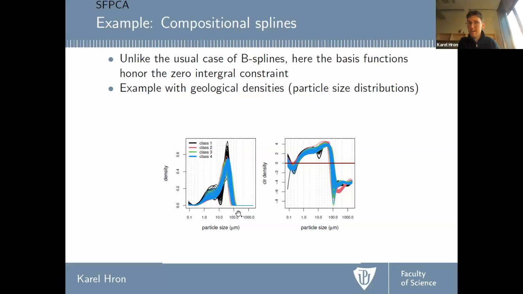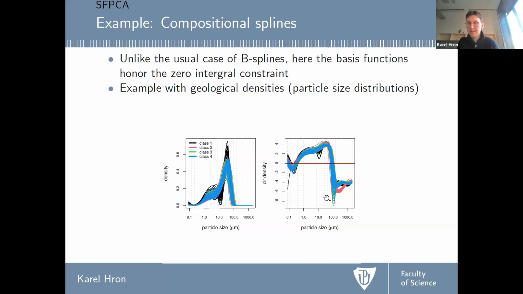However, this is just in the original space, but in the CLR space, where we first transform the raw data, usually the raw histogram data, because we collect our data in terms of histograms, we have representative values of those classes and proportions corresponding to histogram classes, then we would use the discrete CLR transformation, and we arrive to the CLR space where we smooth these discretized data using, again, functions which honor the zero integral constraint, in our case using splines which honor this constraint, or using their basis functions.